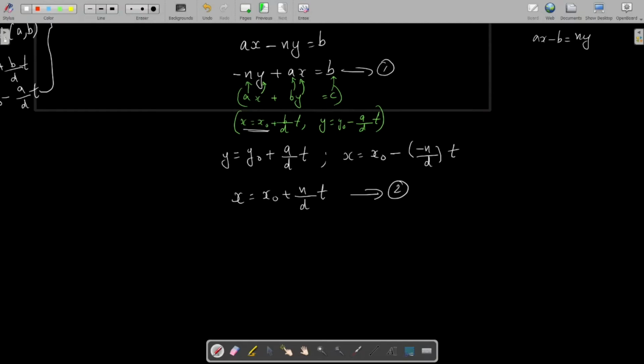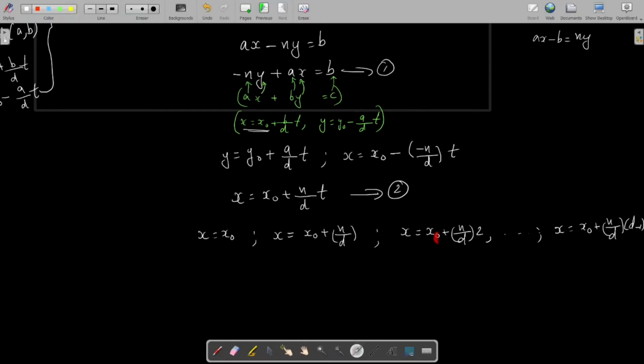So let us write the solutions first. When t equal to 0, the solution is x equal to x0. When t equal to 1, the solution is x equal to x0 plus n by d times 1. If t equal to 2, the solution is x equal to x0 plus n by d times 2, and so on. When t equal to d minus 1, the solution is x equal to x0 plus n by d times d minus 1.